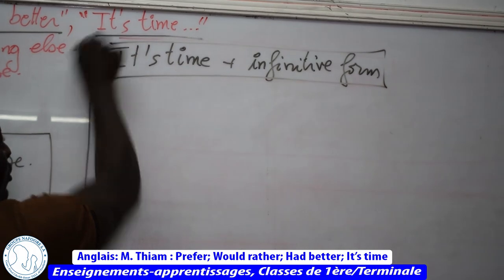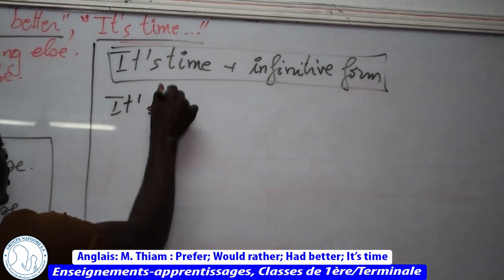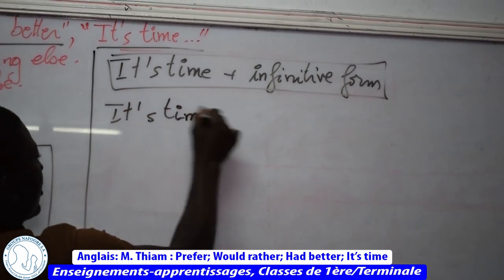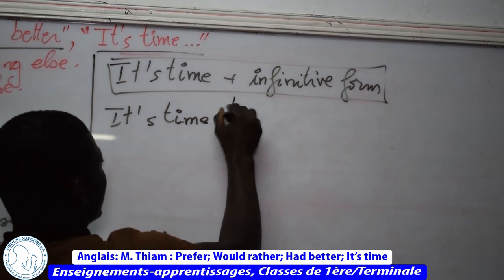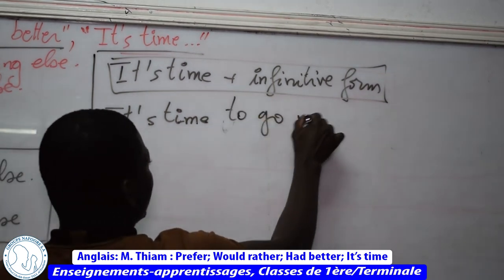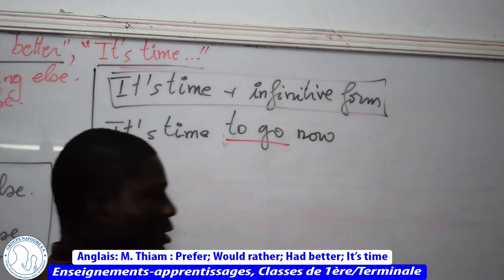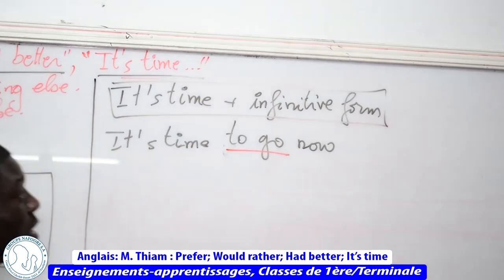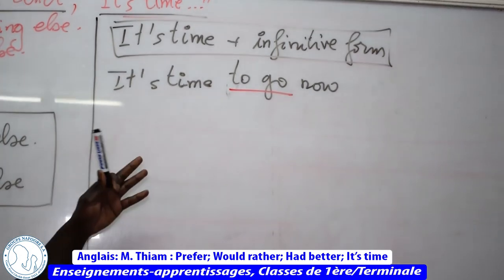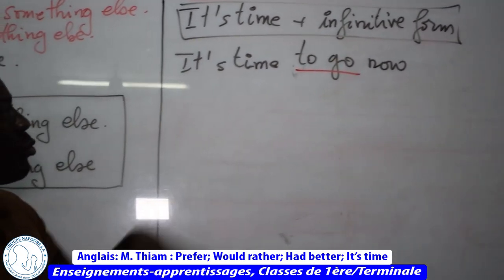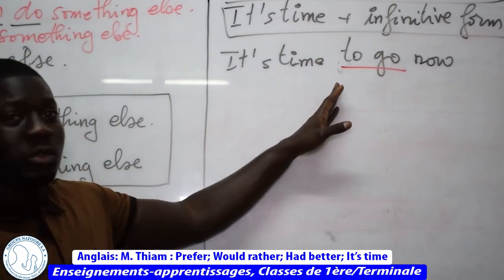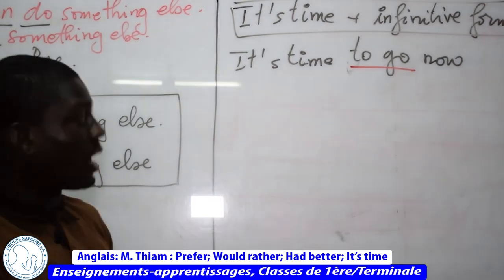For example, "It's time to go now." Here, "it's time" is followed by the verb, and if it is followed by the verb, we will necessarily use the infinitive form. It's time to go now.